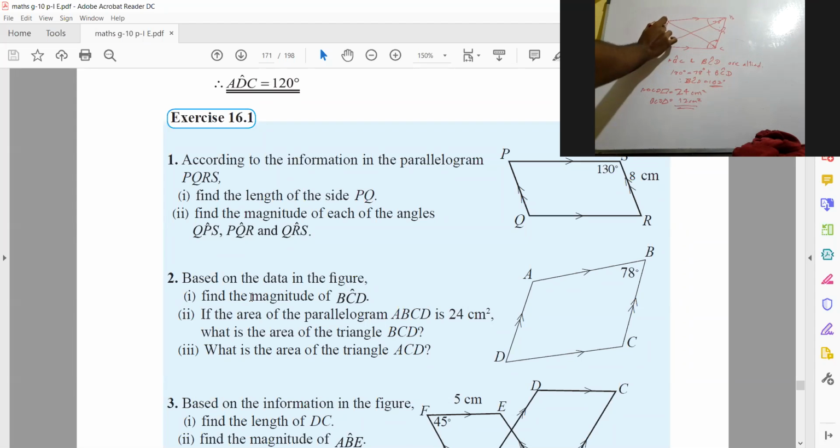Because it's a part of the bisected parallelogram. Therefore, the area of ACD triangle is also equal to 12 cm2, right?